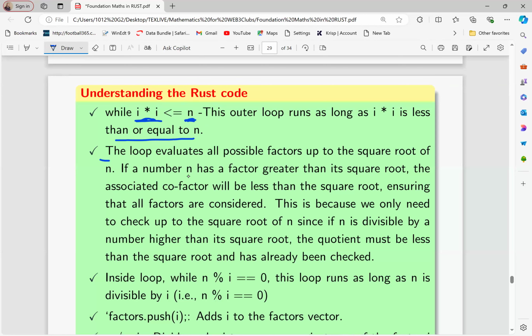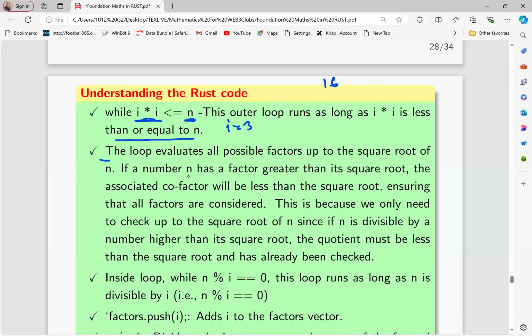So if i is 3, and let me say that n is 16, we will not check 11, check 15, no. We just check up to the square root of this number. The square root of this number is 4. So just check 3 only.